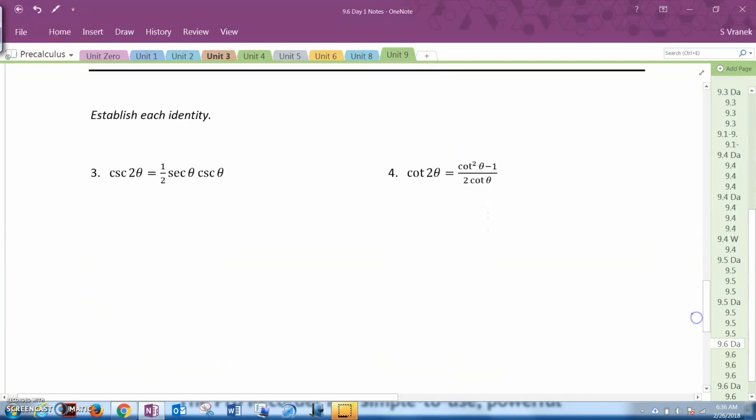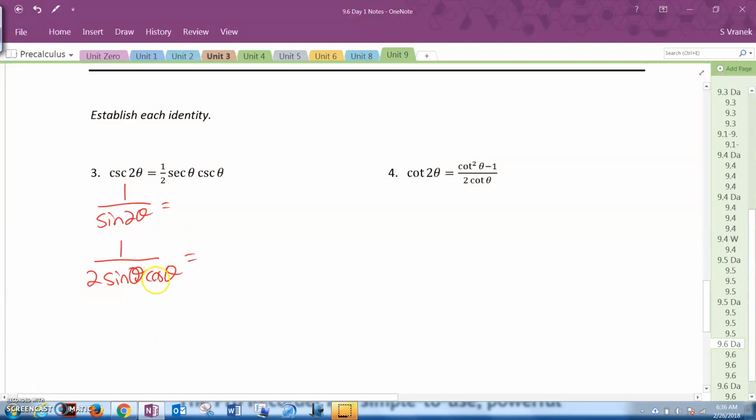So establish each identity. This is cosecant of 2 theta. I don't have an identity for cosecant, but if I rewrite this, I have an identity for sine of 2 theta. So now I can rewrite sine of 2 theta with the identity. The identity is that sine of 2 theta is 2 sine of theta cosine of theta.